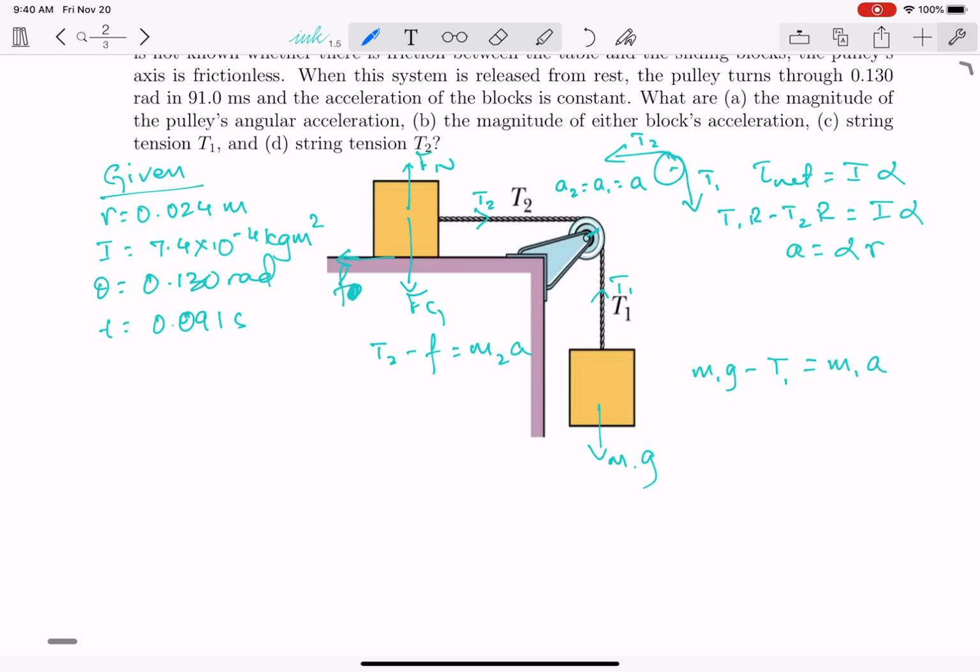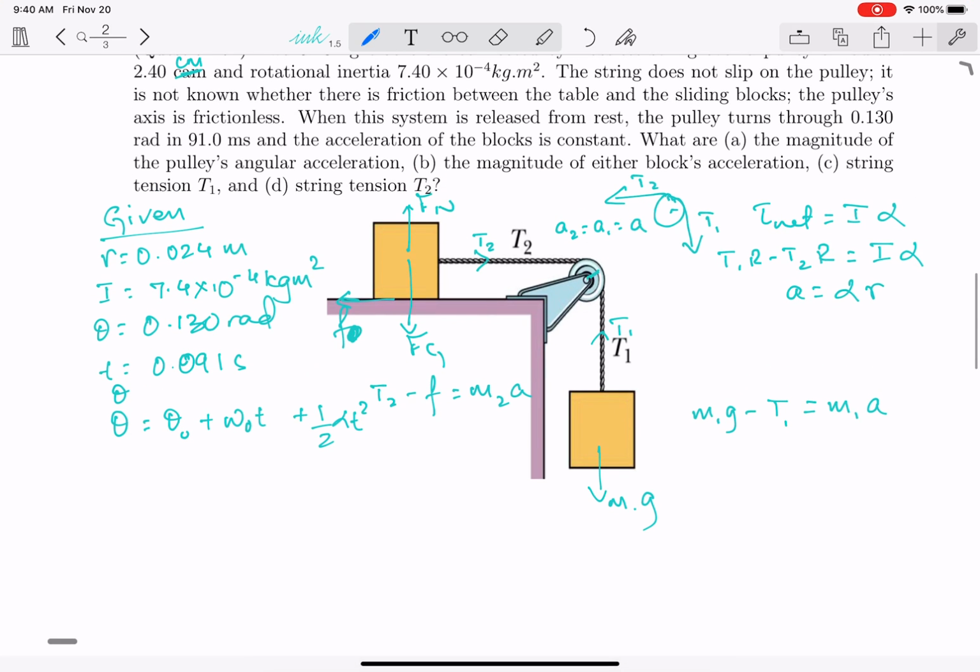So let's start with rotational kinematics. Theta equals theta initial plus omega t plus 1/2 alpha t squared. If we started from rest, theta initial is 0. So we can find alpha. We know theta, that is 0.130 radians.